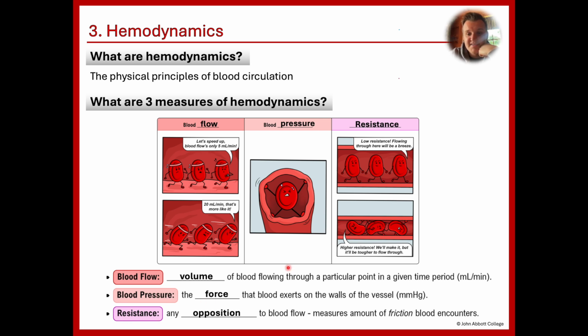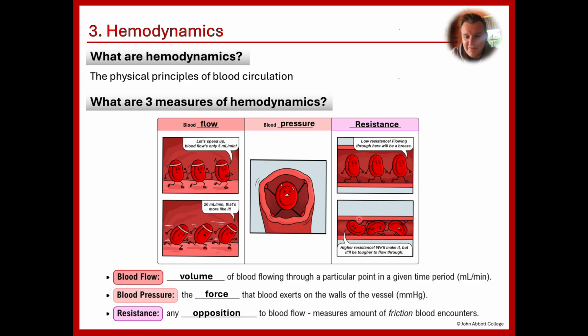Resistance is any opposition to blood flow. So it measures the amount of friction that blood encounters, right? There's always resistance to going forward in a blood vessel. Here there's low resistance. So here these little red blood cells are just moving through like a breeze in the blood vessel.